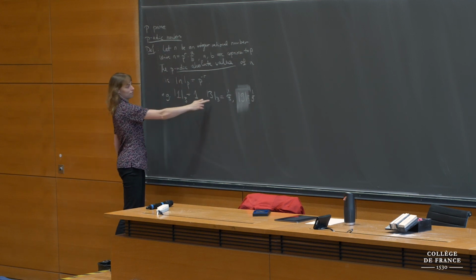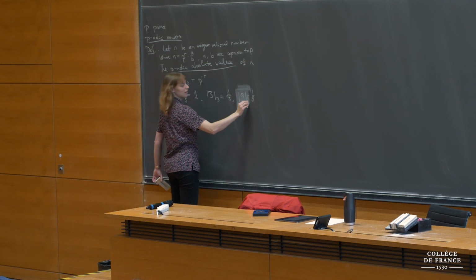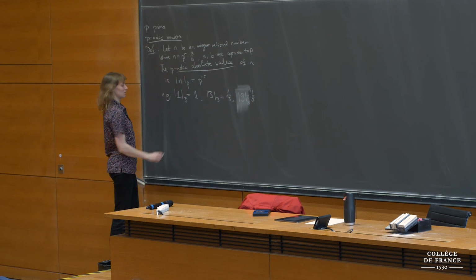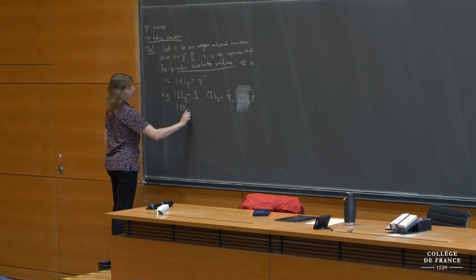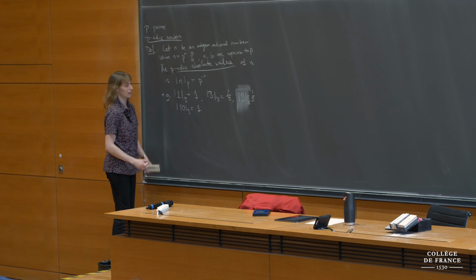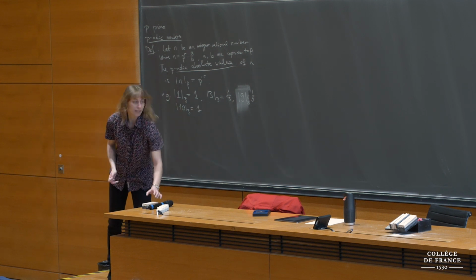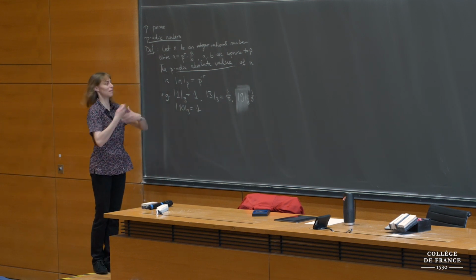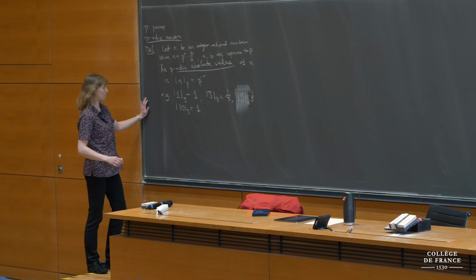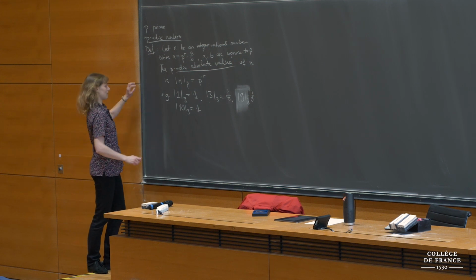So the more often the number is divisible by 3, the smaller the p-adic absolute value, and the p-adic absolute value of 10 is just 1 again. All right, so that means the p-adic absolute value measures how often a number is divisible by p, and that allows us to define the p-adic numbers.